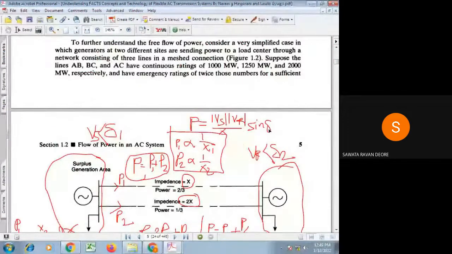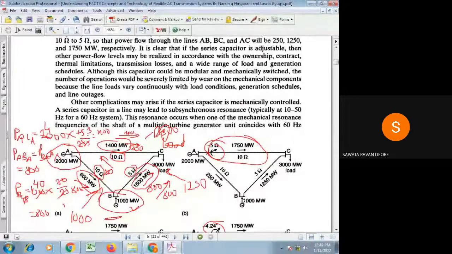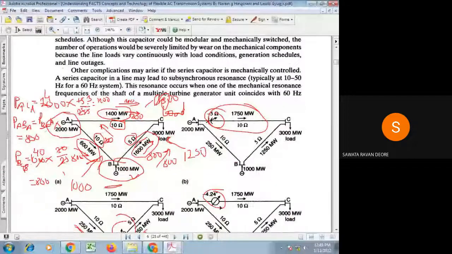So delta का value ज़्यादा रहेगा, तभी P will be more in that line for the given fixed parameters. So here they add a negative phase angle difference so that the phase angle difference delta between this bus and this bus will increase, and accordingly the power flow through this transmission line can increase.